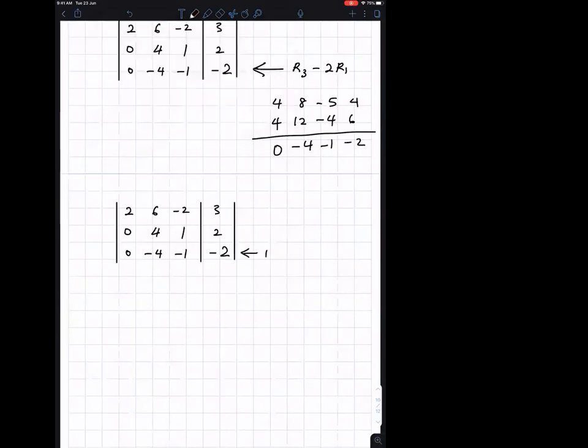Row 3 plus row 2: 0, 4, 1, 2 plus 0, minus 4, minus 1, minus 2 gives 0, 0, 0, 0.